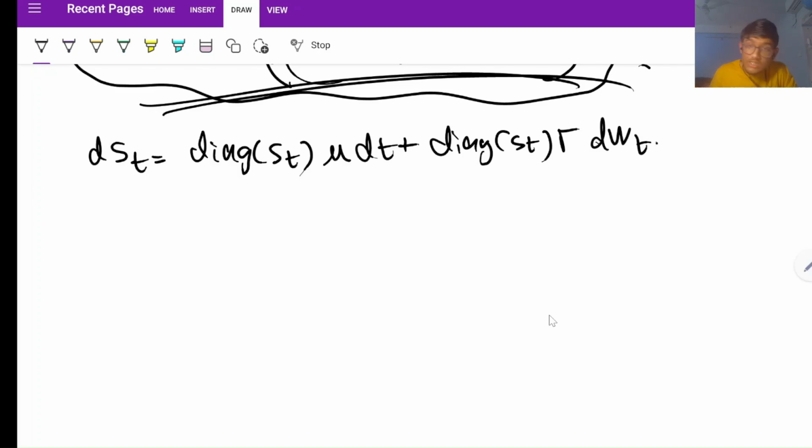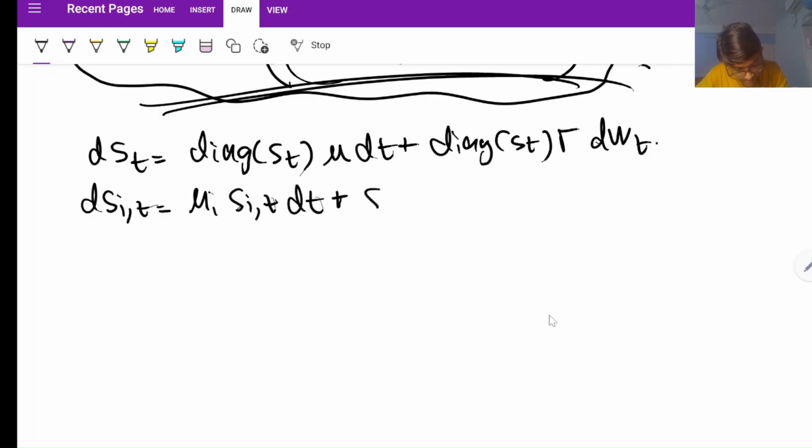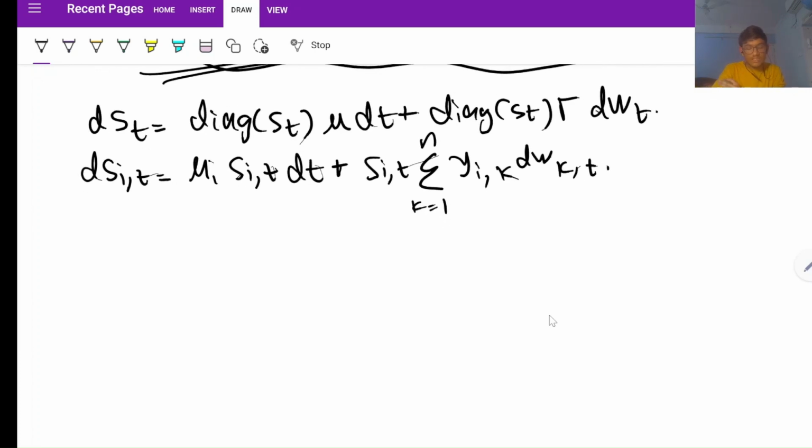If someone wants to write this component-wise, as we have seen earlier, it is going to be dS_i,t equals mu_i S_i,t times dt plus S_i,t, the summation from k equals 1 till n, where n is the number of assets, of gamma_ik dW_k,t, where the elements of the gamma matrix are gamma_ik. So now we'll be trying to solve this SDE right over here.